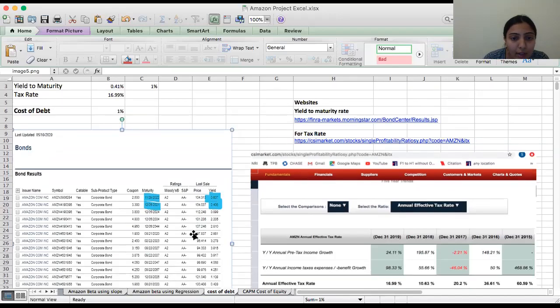Like I've used my company's yield to maturity rate of 2021, which is 0.406. And it should be similar to the other year. Like this rate is similar to the year 2022, and the yield to maturity rate is 0.637.